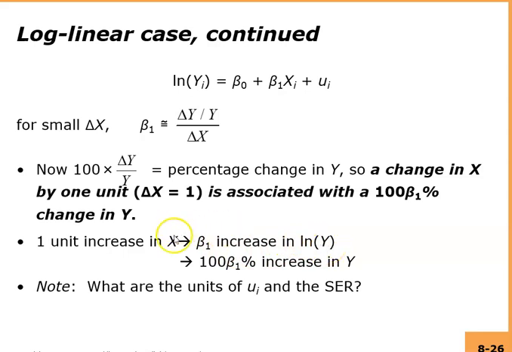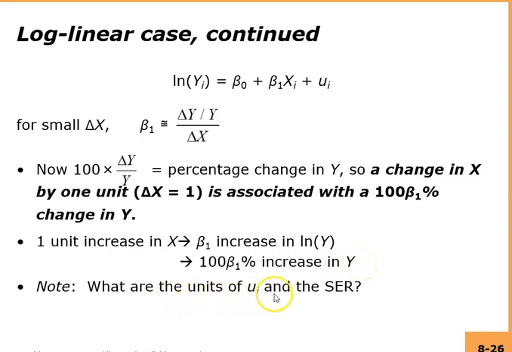So a 1 unit increase in x will result in a beta 1 increase in ln y. Keep in mind that the relationship between x and log of y will be a linear relationship because beta 1 will remain the same throughout, but the relationship between x and y will not be linear because a 1 unit increase in x will result in 100 multiplied by beta 1 % increase in y.